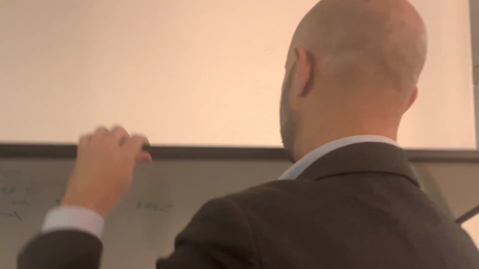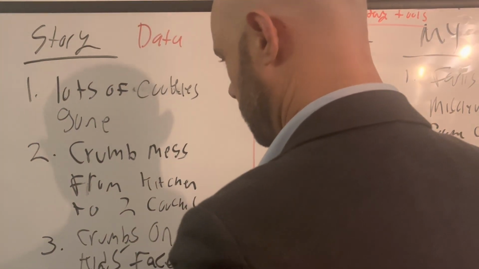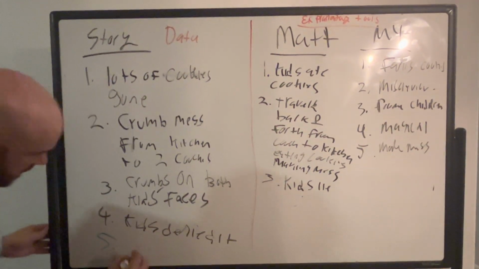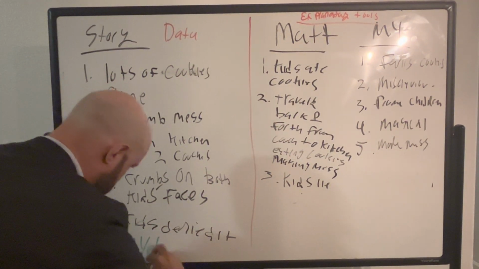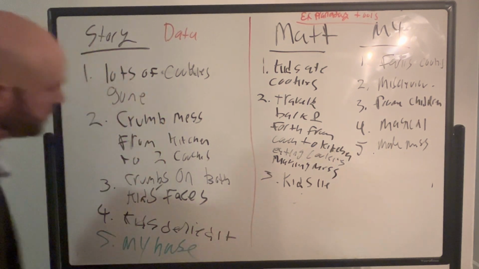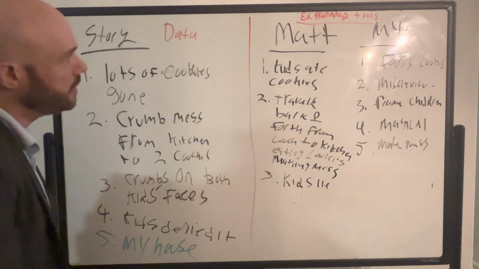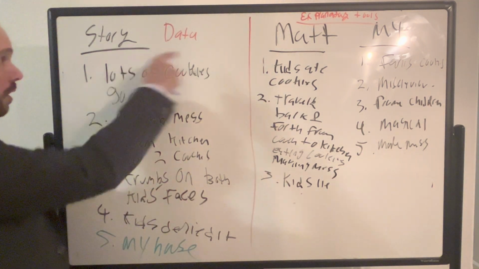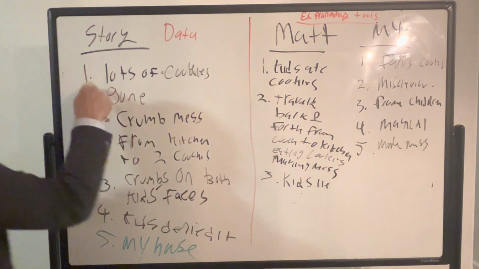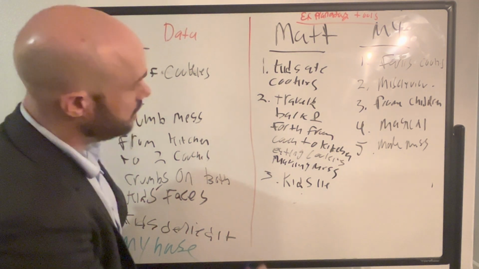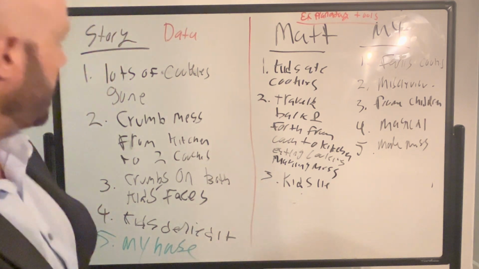Matt's explanation, so we have over here, number 5, we have another data point, which happened at my house. Okay, so there's 5 data points over here, so that's what we need to cover. Our explanations need to make sense of each one of these data points. So we want to see which one does it in fact happen that way.